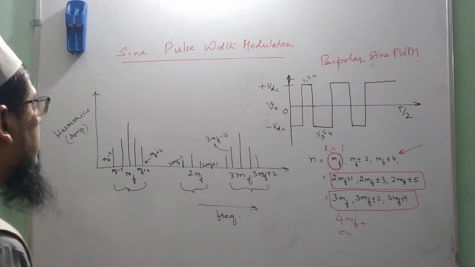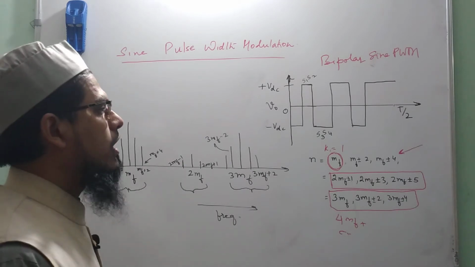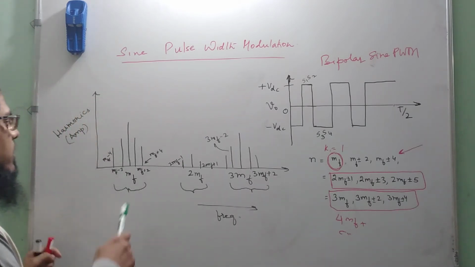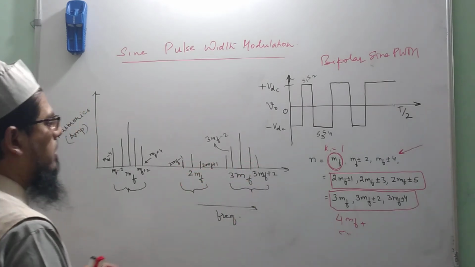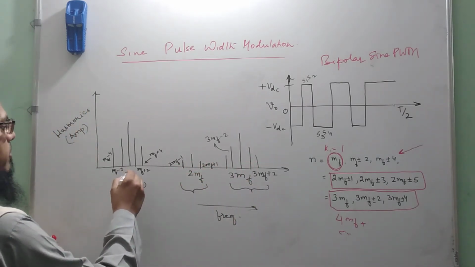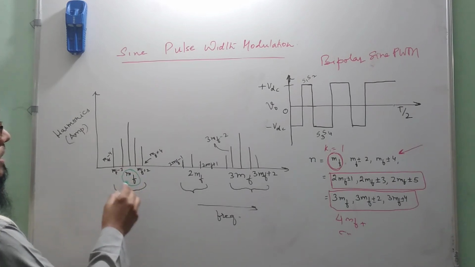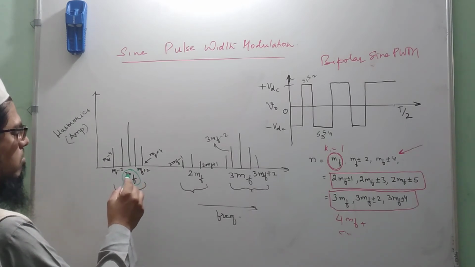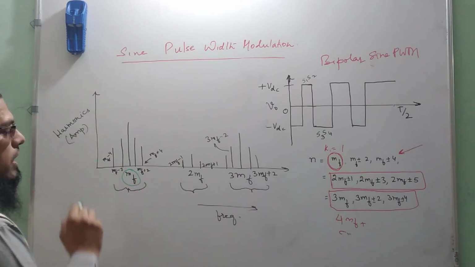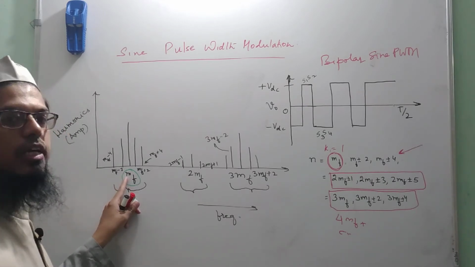So I have drawn the harmonic spectrum for a bipolar sinusoidal PWM output waveform. You could see here that the harmonics are actually occurring in bands. This is the harmonic present at MF, which is governed by the carrier frequency.